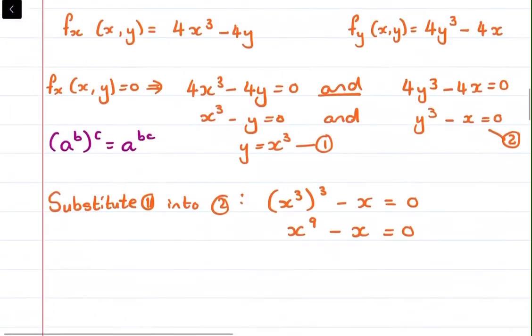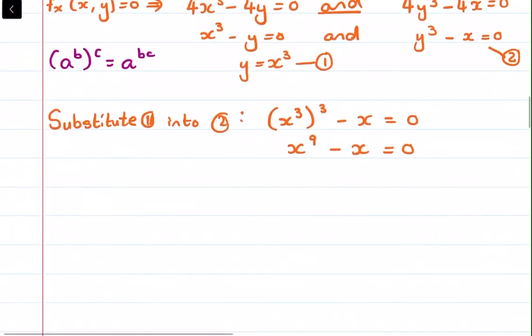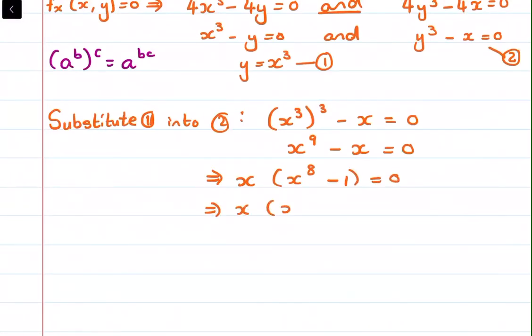So now I have to solve this equation. I'm going to first factorize x. I'll be left with x to the power 8 minus 1, which is equal to 0. This is a difference of two squares: x to the power 4 minus 1 times x to the 4 plus 1 equal to 0.